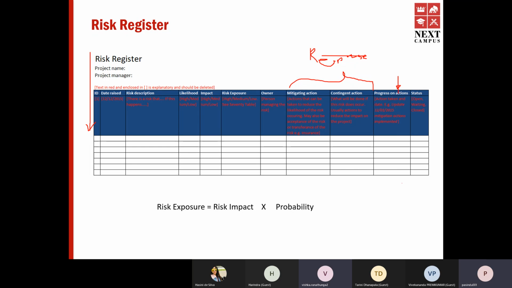People fall sick, people have to take leave. That's quite normal, especially in the current situation. So I would think the project manager is the owner.